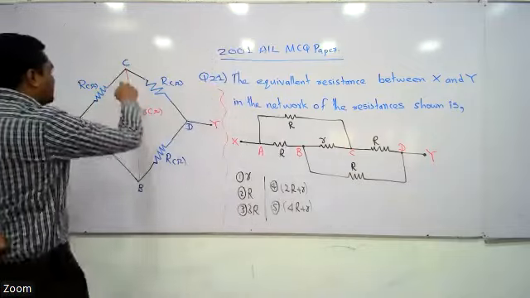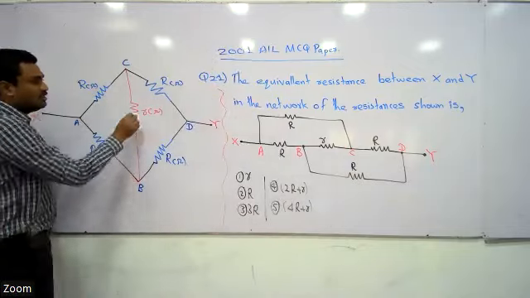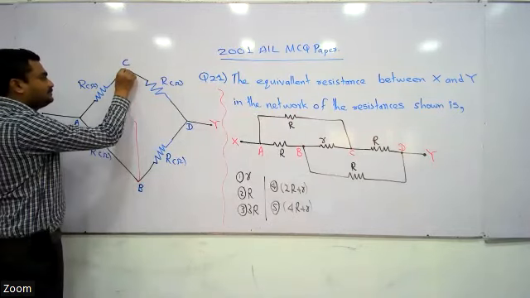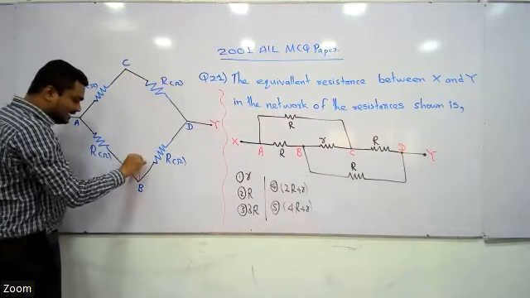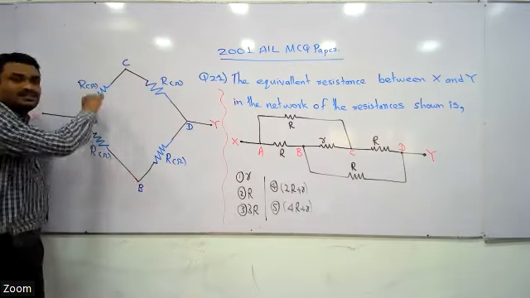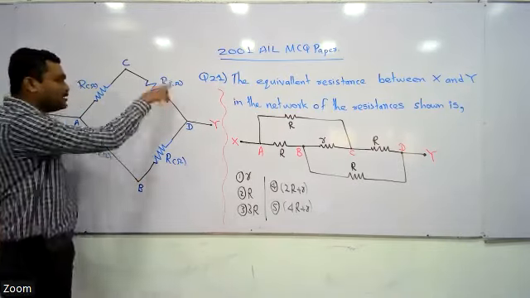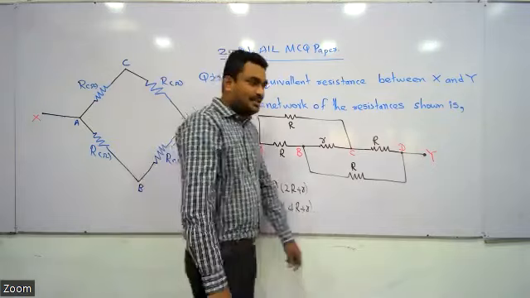So, no current flows in the BC branch. Let me remove it. I can just erase it, but you have to draw a new figure. Start. Draw it.